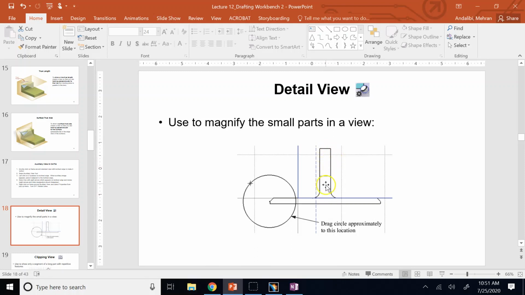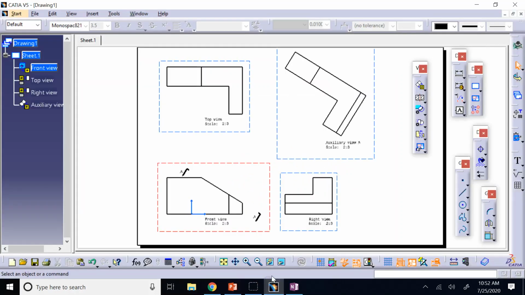If you look at this shape, this is like the valve inside the engine, the inlet and outlet valves. And you might be interested in showing some details about this corner, right? So then you zoom into that area, make it bigger, and then you might even put some dimension over there, because that portion by itself has too many details. You don't want to put all of those details on this front view or top view, right?